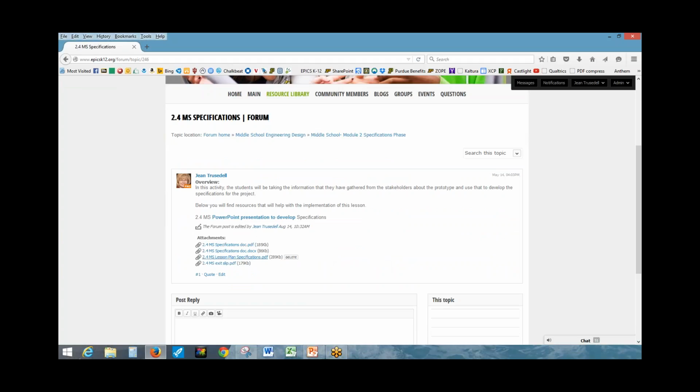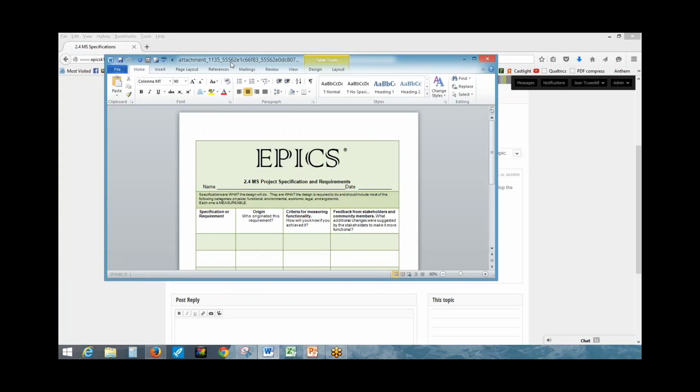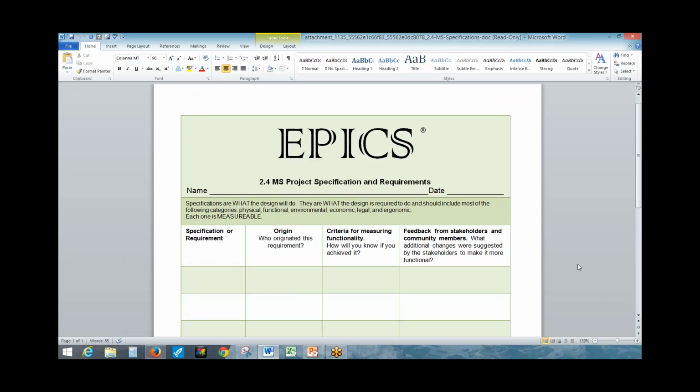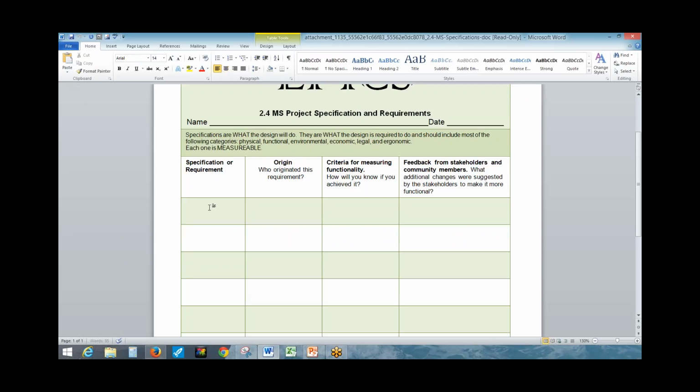So let me pull up that document. Again, these are docs so that the kids can use them. Let me pull it over. I'm going to make that a little bigger so you can see it. So it has the specification or requirement and where it originated. So if the students are doing a ball flinger or something, it may have originated with some toy. And what is the functionality that it wants to measure?